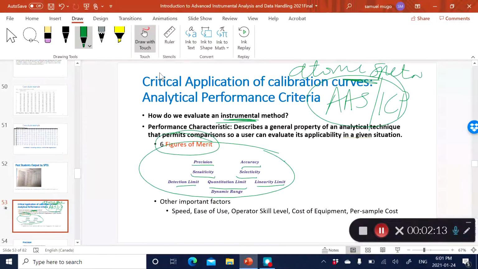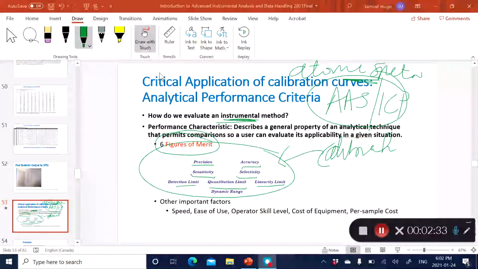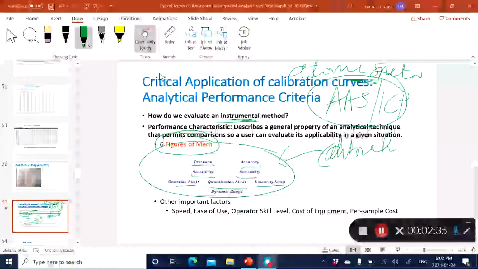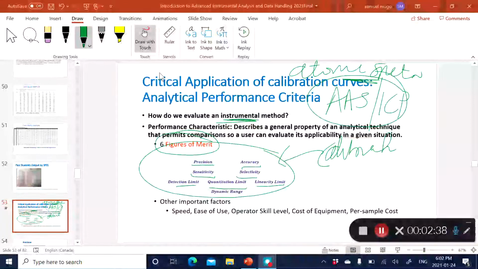In fact, you're going to see that they are part of the calibration plots, so you can actually determine them from the calibration plot. In this lecture, I'd like you guys to know how to determine them quantitatively as well as be able to explain what they are in a qualitative sense.